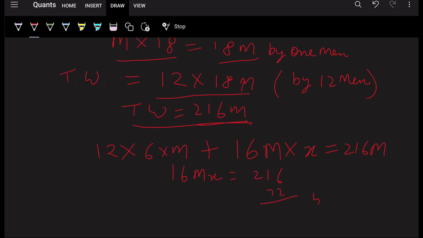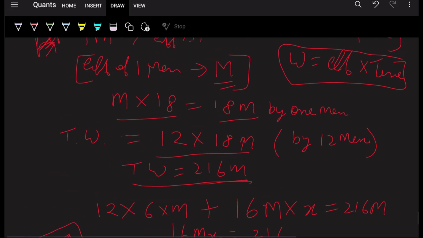It will be 144m. So from here we got x is equal to 144m divided by 16m. Here the m's cancel. Now this will be 9. So we got x is equal to 9. What does this mean?